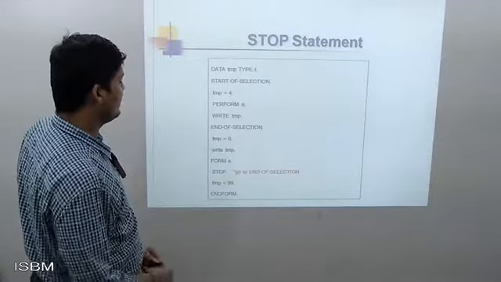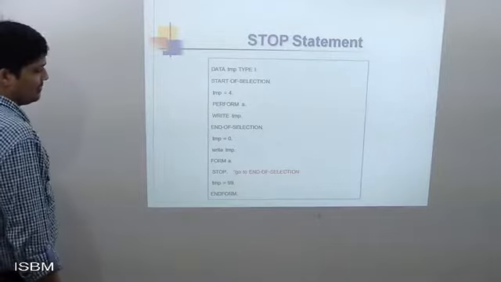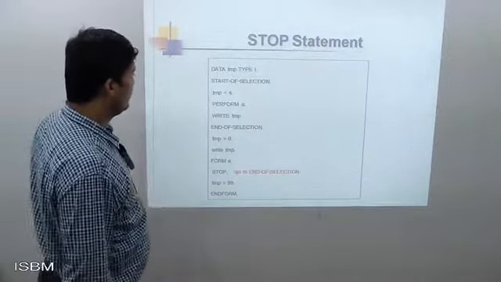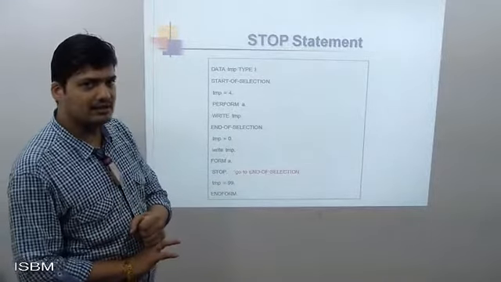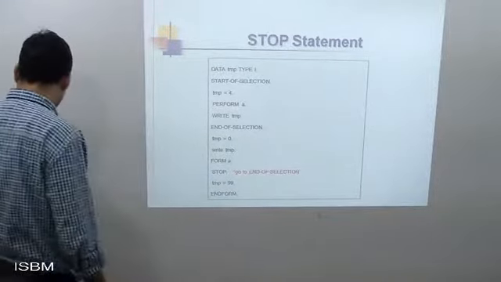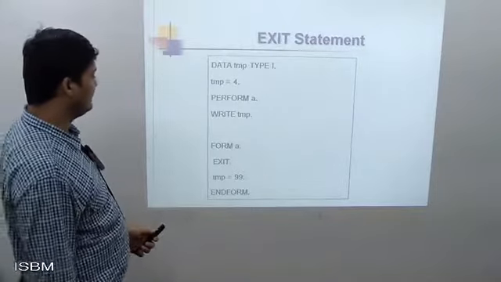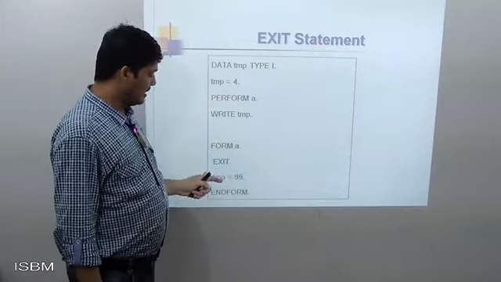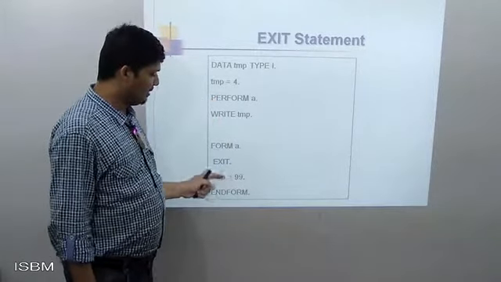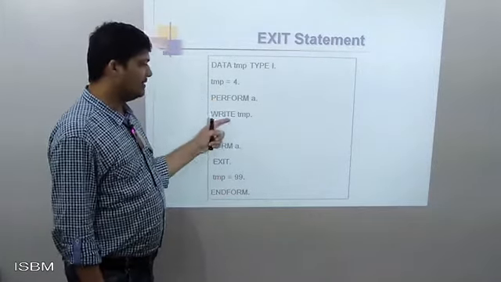Then we have the STOP statement. What is the stop statement going to do? There are two things. In the exit, it comes outside the perform and goes directly to the next statement, which writes temp.